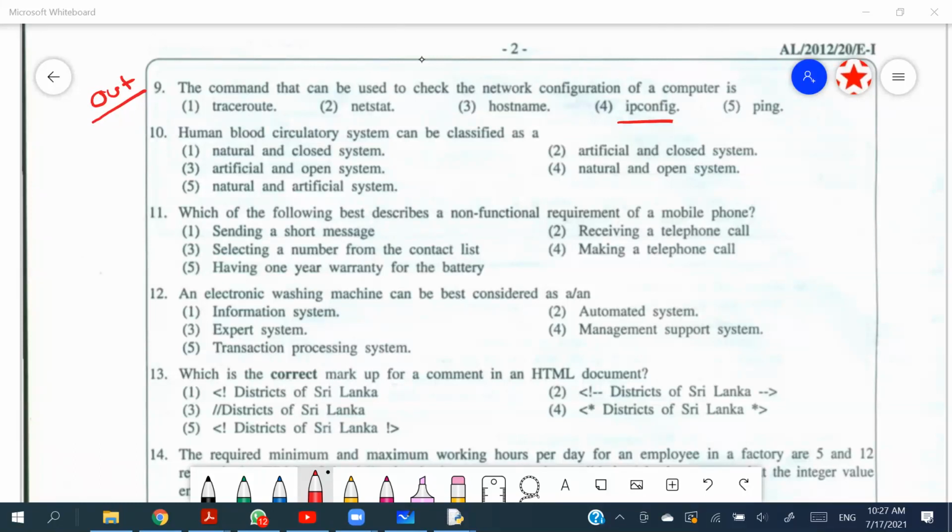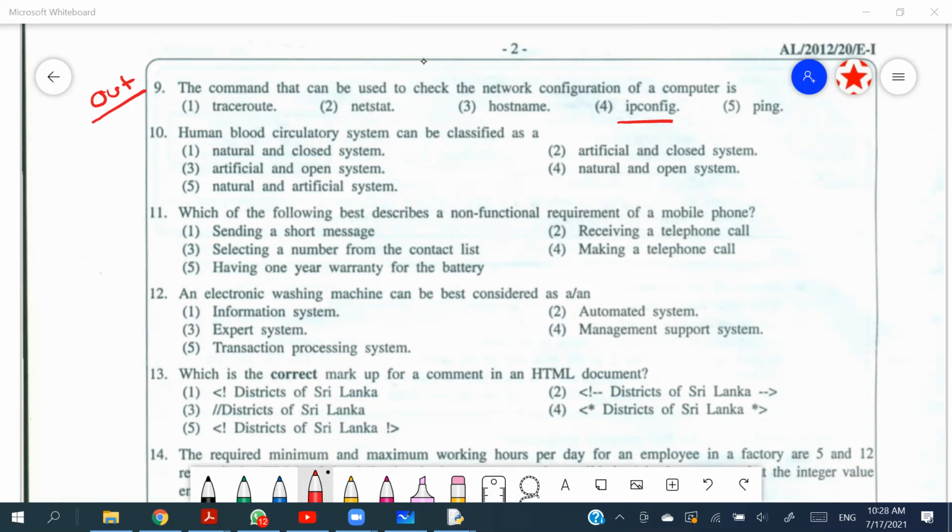Right, okay, so the 12th one, an electronic washing machine can be best considered as. So an electronic washing machine is a device or a mechanical thing which contains a small system inside it, right? So it is called an embedded system, right? So here the embedded one is not being given as the answer, right?